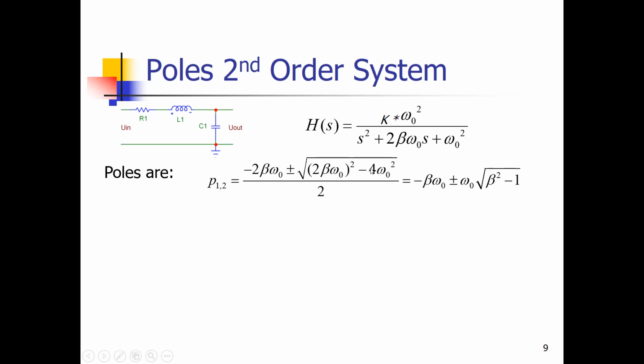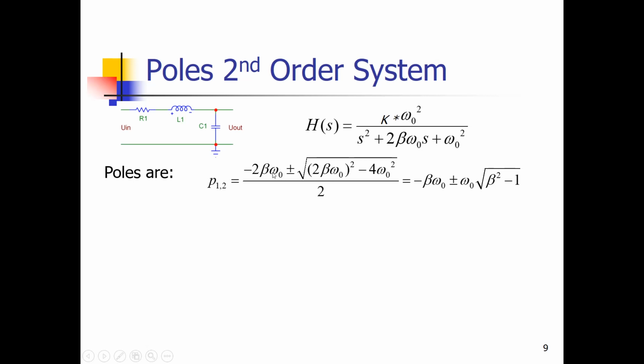And the discriminant was b squared minus 4 times a times c, so it's b squared, which is 2 times beta times omega 0, squared, minus 4 times a, which is minus 4 times 1 times c, which is omega 0 squared. So working that out yields this expression.